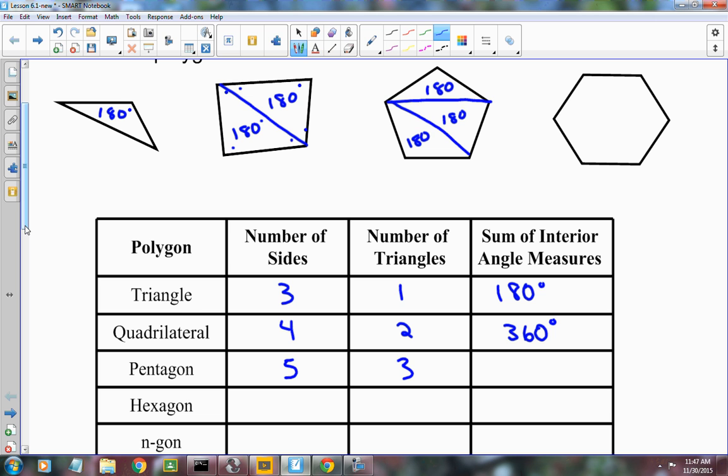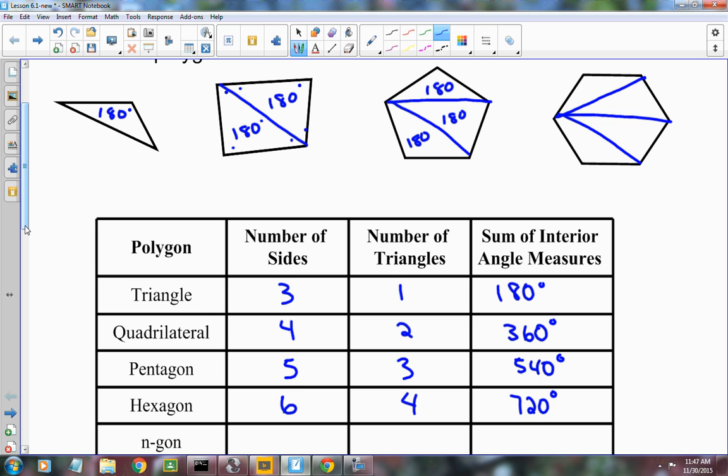And if I take 3 times 180, that's 540 degrees altogether. Your hexagon has 6 sides. And I can draw 1, 2, 3 diagonals, which creates 4 triangles. Okay, each of them 180. And so that's 720 degrees.